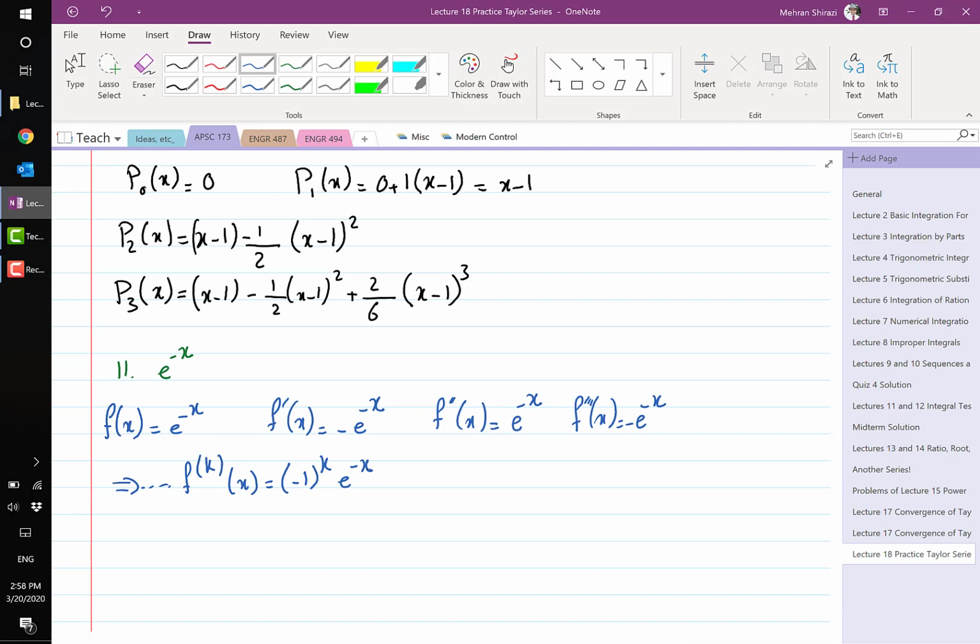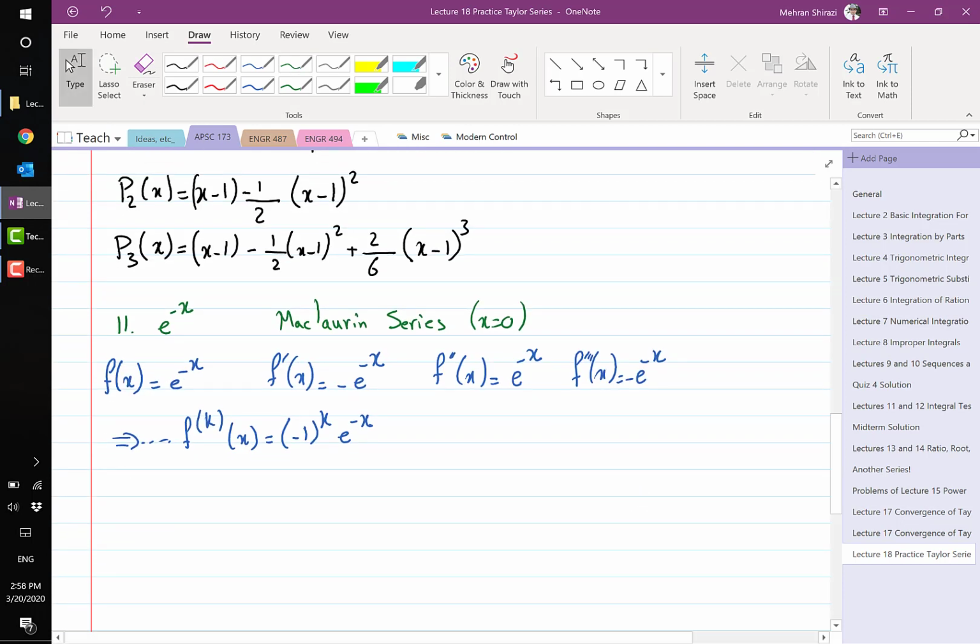Okay, we are finding the Maclaurin series. So for the Maclaurin series, x is 0. So we are going to find everything at x equals 0. So we have f of 0, which is e to the power of negative 0.